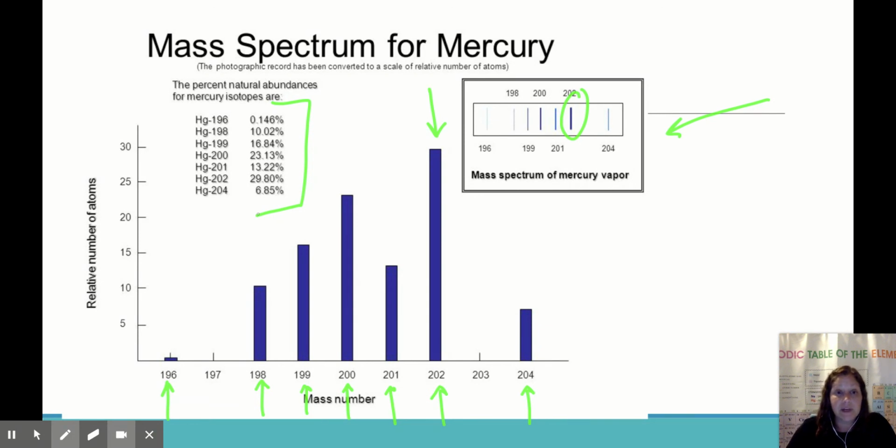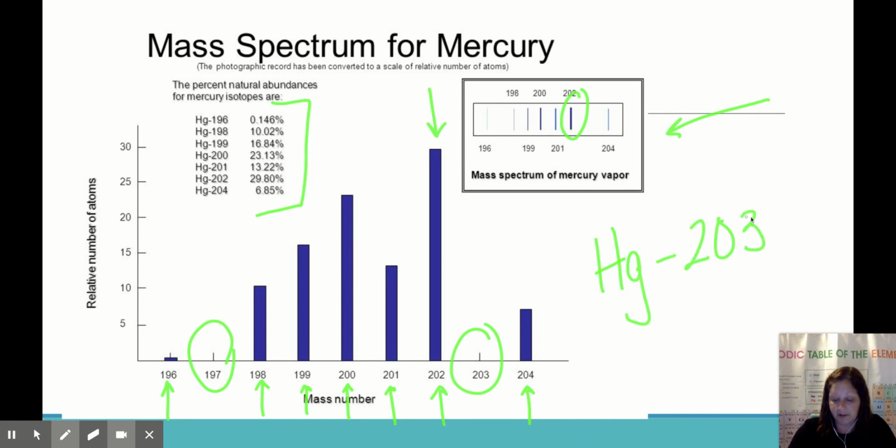And what we can see is that we go 196, oh look, no isotope for Mercury 197, 198, 199, 200, 201, 202, and there is no isotope for 203. That means that there is not likely to be a Mercury 203. For some reason, it's just not present in this sample.